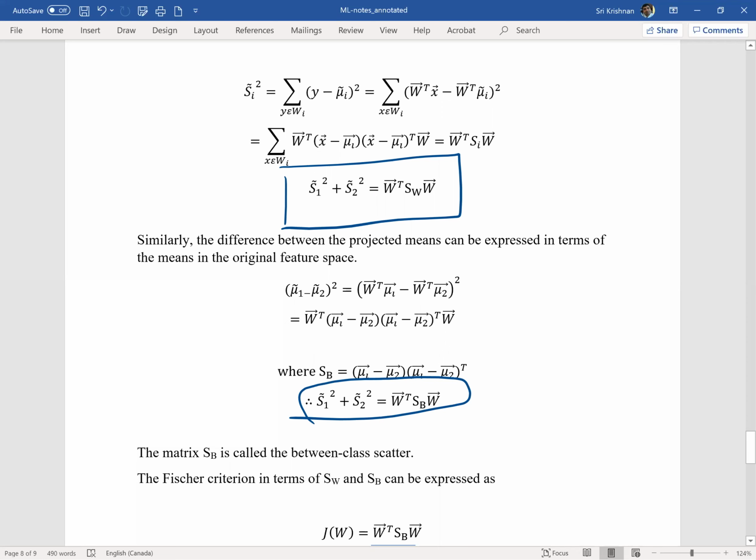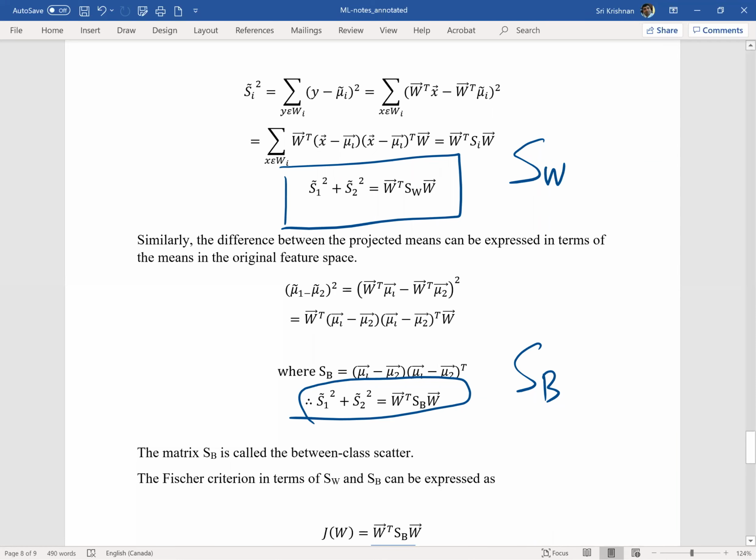If you see here, there are two matrices in the example we just covered. We had a scatter matrix SW, which is how much variance happens within a given class, and SB is the scatter matrix between the classes, so what is the variance between the two classes.